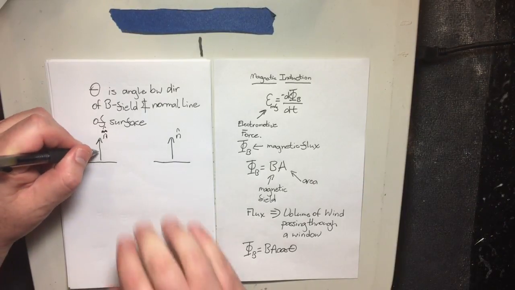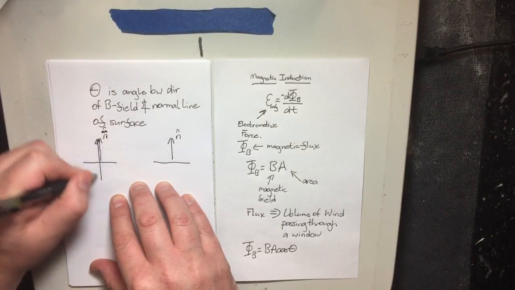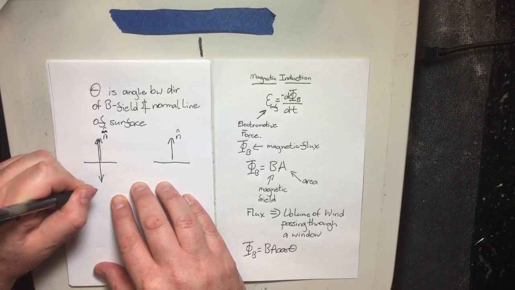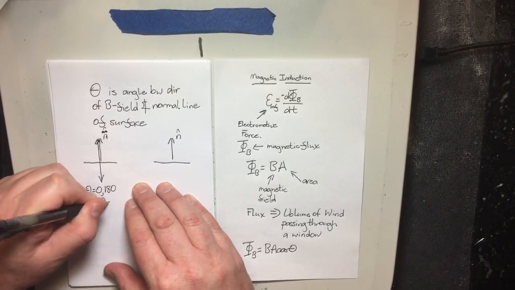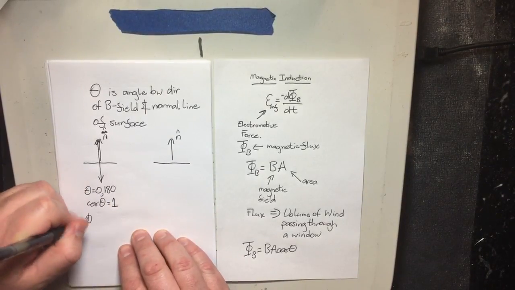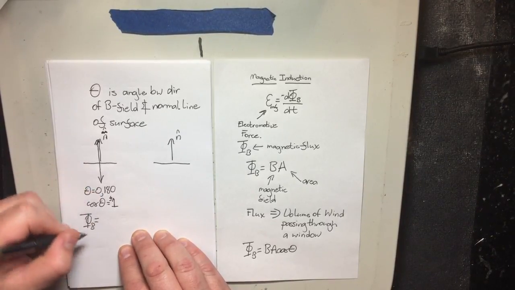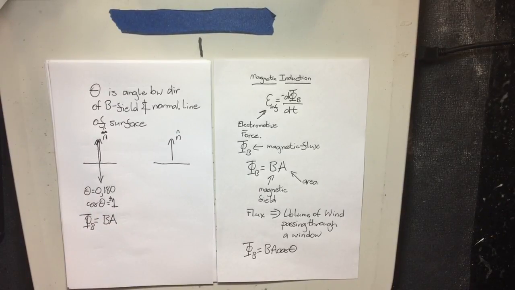And in the case of a B field being either out of the window or into the window, the theta here is either 0 or 180, and cosine of theta in this case is 1, or negative 1, but all I really care about is the magnitude. And so the magnetic flux is BA.